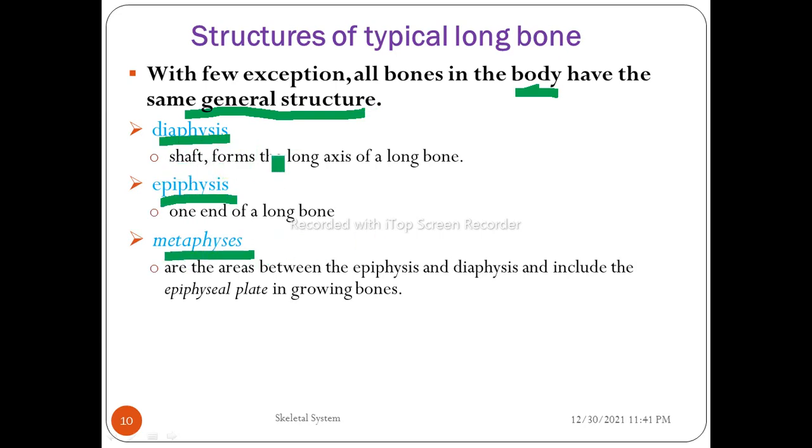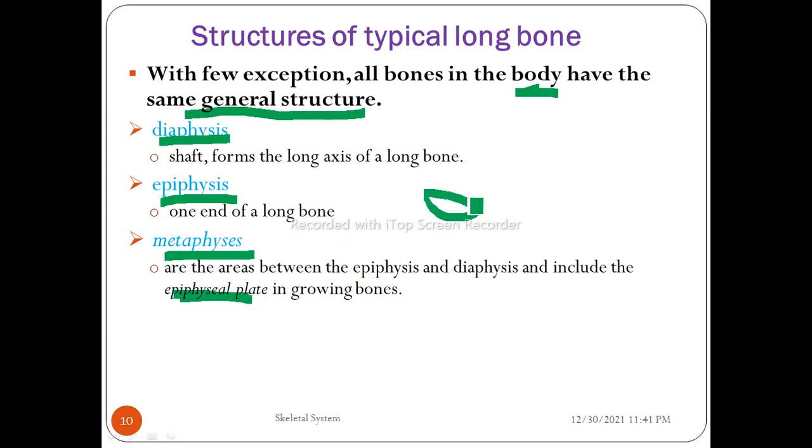The diaphysis is the shaft that forms the long axis of the long bone, whereas the epiphysis is the end of the long bone, and the area between the epiphysis and diaphysis is known as the metaphysis. These also include the epiphyseal plate in growing bones. So the epiphyseal plate is found in the metaphysis.